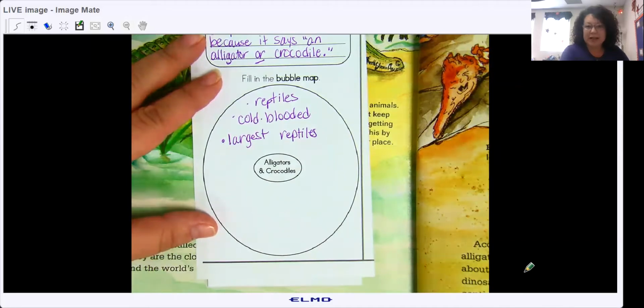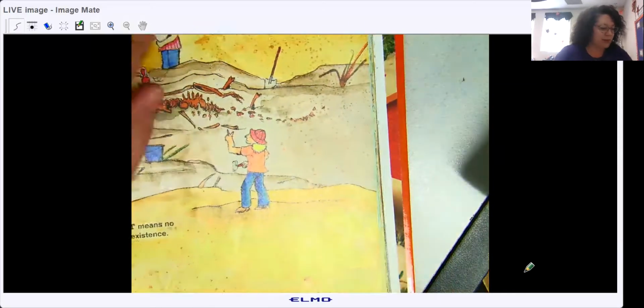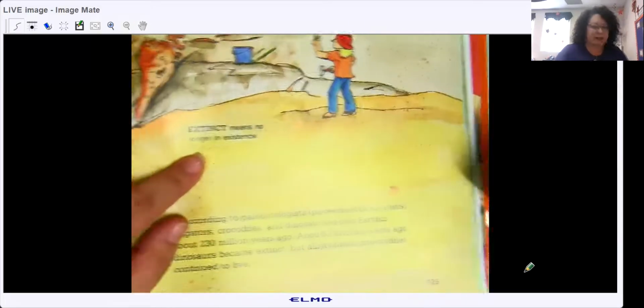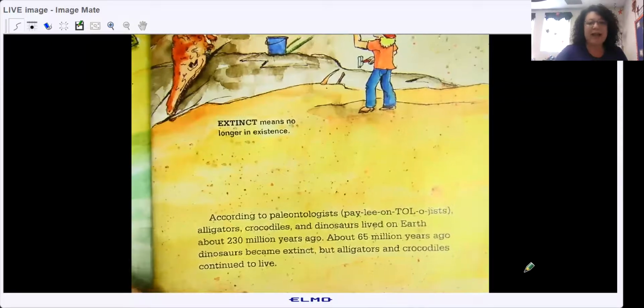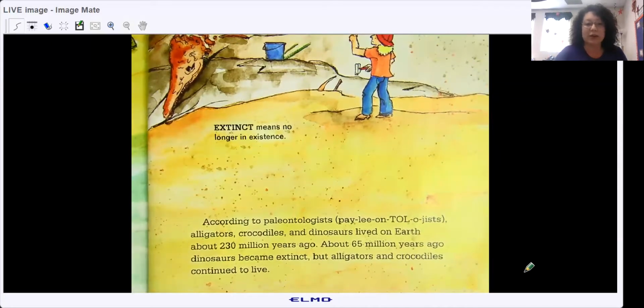And what did we read on the next page that was something the same? They're not extinct, right? They're not extinct, but it does say, according to paleontologists, alligators, crocodiles, and dinosaurs lived on Earth about 23 million years ago. So they lived on Earth about 23 million years ago.